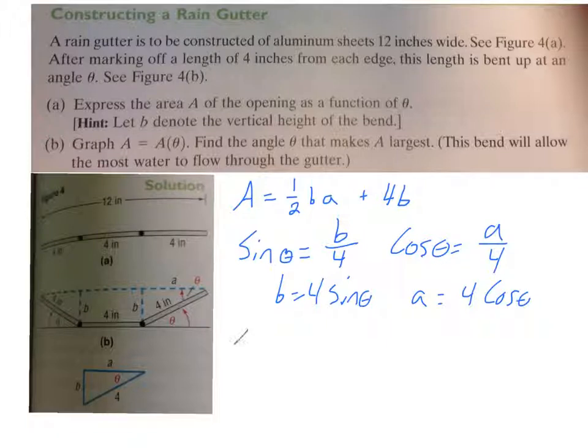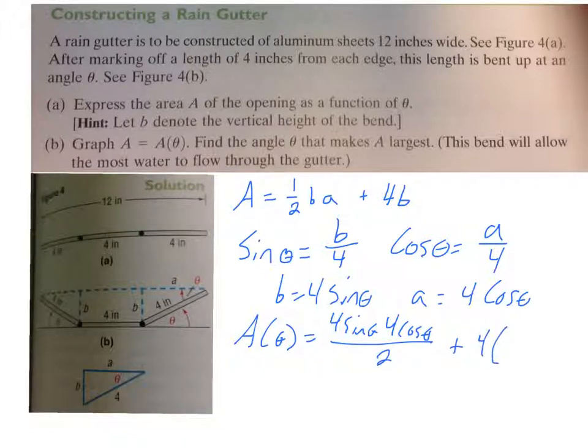Right? So A, if we get it strictly in terms of theta, is going to be equal to 4 sine theta times 4 cosine theta all over 2 plus 4 times 4 sine theta.